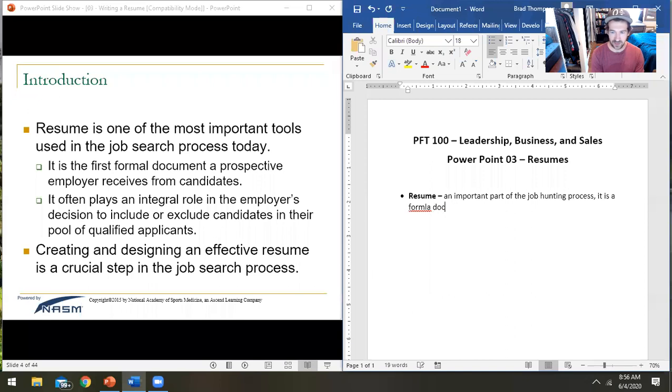It is a formal document that is used to show employers a snapshot of an individual's work experience and education.